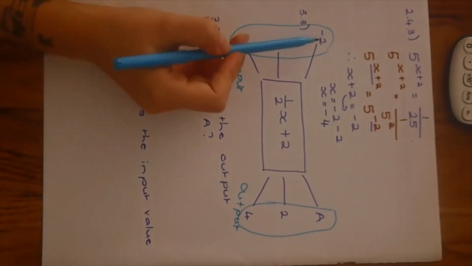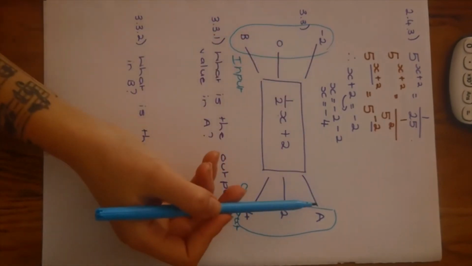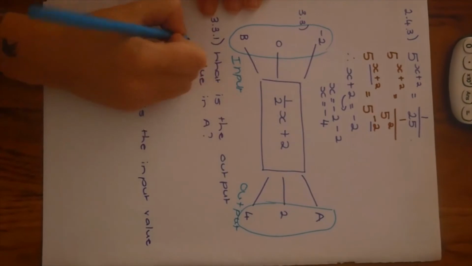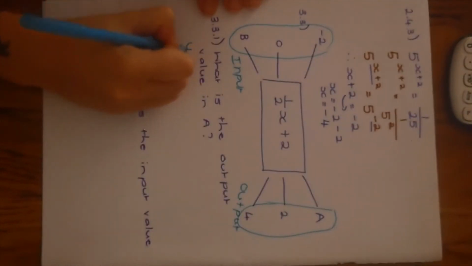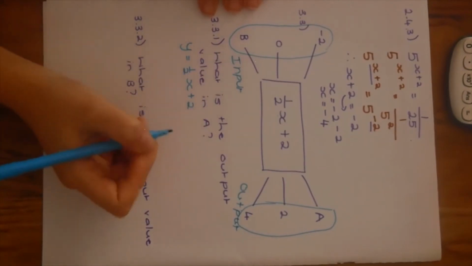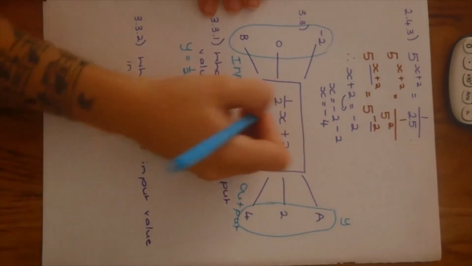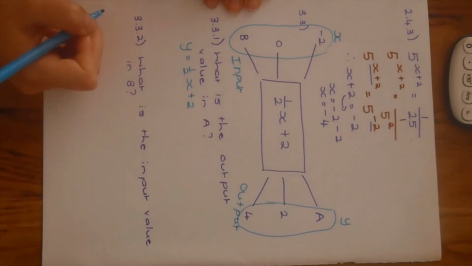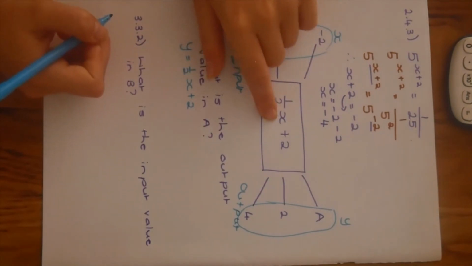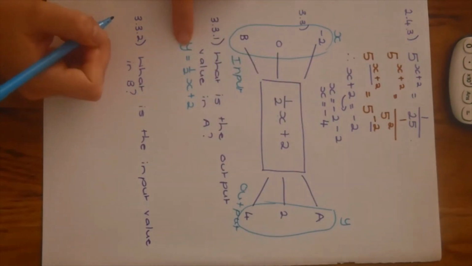So if they give you the input and they're asking for the output, that's very simple. This is your formula. The formula is, and it's always, y equals a half x plus 2. Output is y, input is x. So these values get put where the x is, and then whatever comes out is the y.